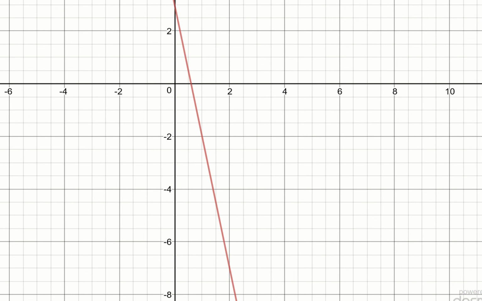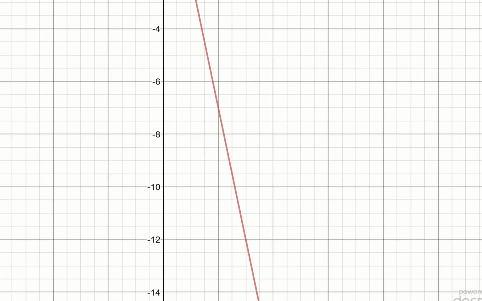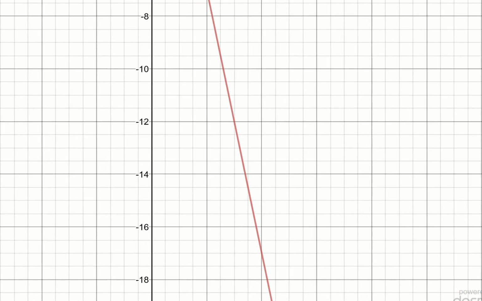Now, if I was to take this function and it said subtract 10 away from everything, well, if I was to subtract 10 away from this negative 7, it wouldn't be giving me that anymore. I'd be decreasing that output by 10 units, and it would go all the way down to negative 17. So now this would be the new output. So let's go back and look at this.